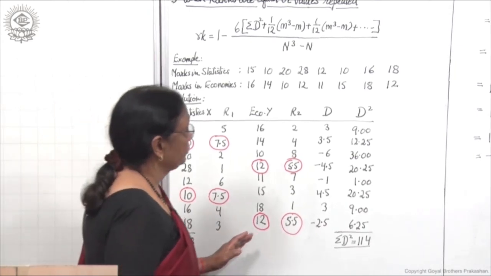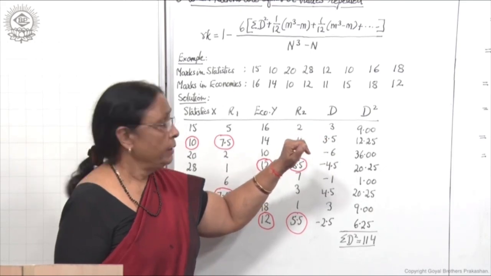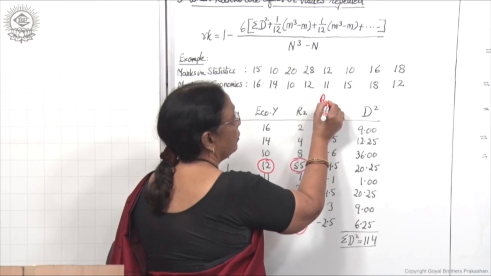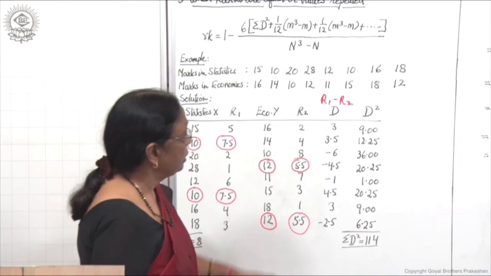After this, next step is calculate D. What is D? As you know, D is R1 minus R2, right?